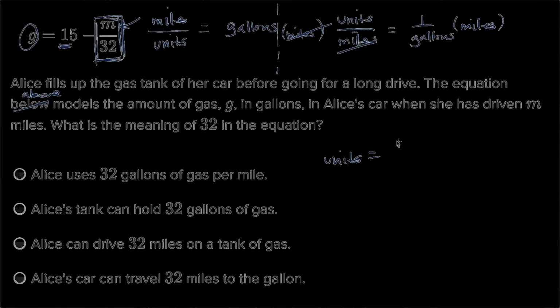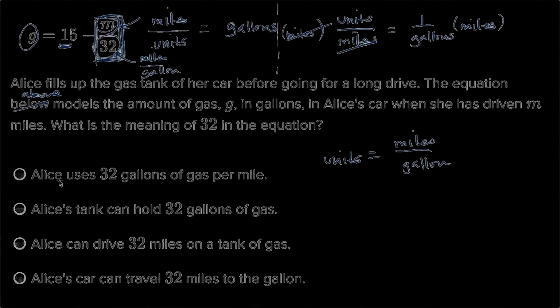Your mystery units are going to be miles per gallon. So in the numerator you have m miles divided by 32 miles per gallon. This is telling you how much mileage she is getting per gallon for her car.